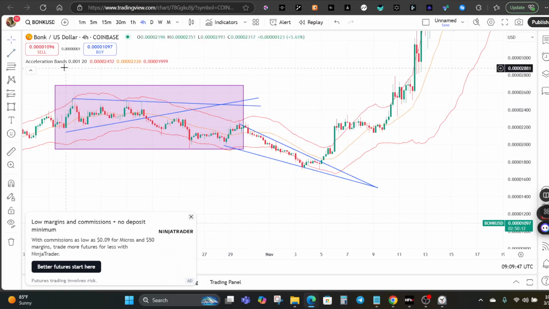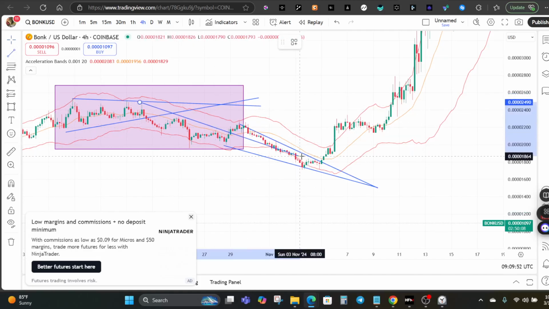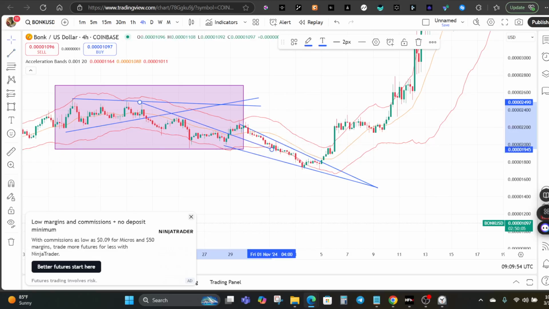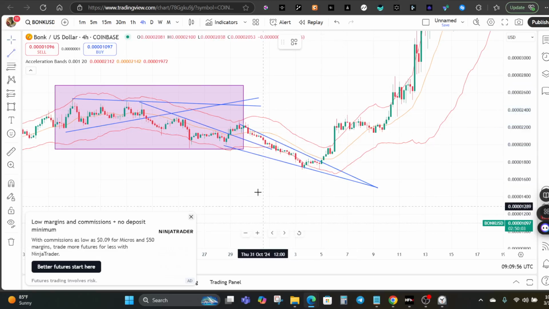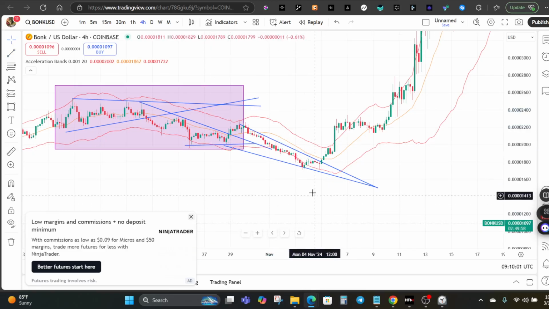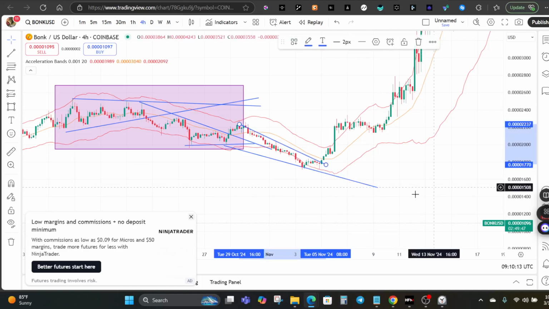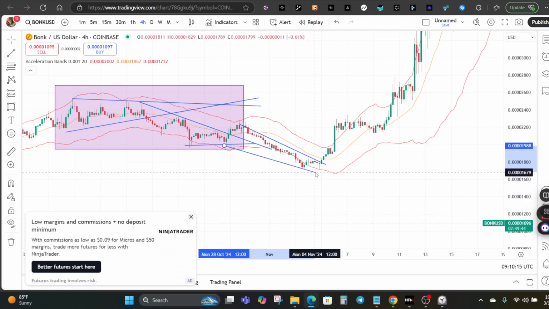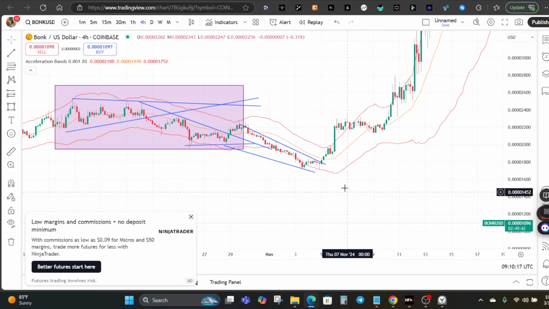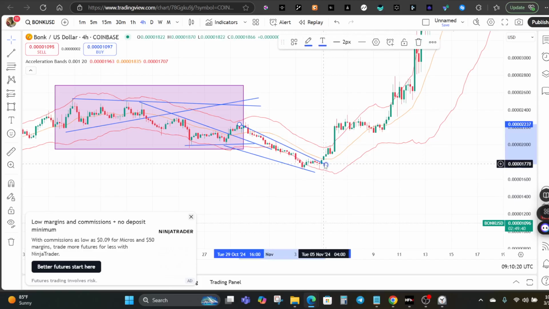We had quite a series of triangular patterns around here, and we eventually had a breakout. Price broke out of this declining wedge. This should be a wedge pattern and not a triangle, because you can see that the breakout happened even before the trend lines had the chance to converge. So that's the reason why it's going to be called a wedge.